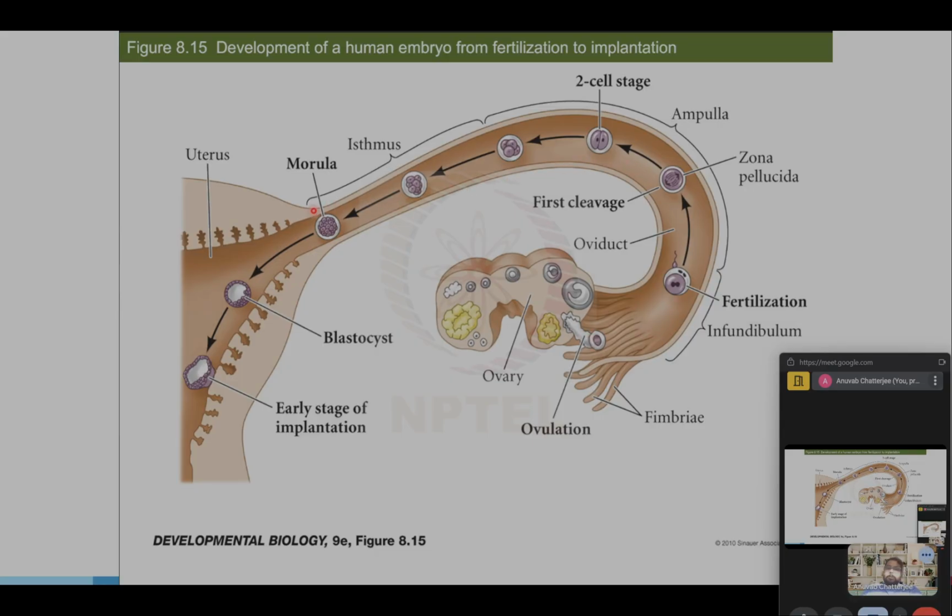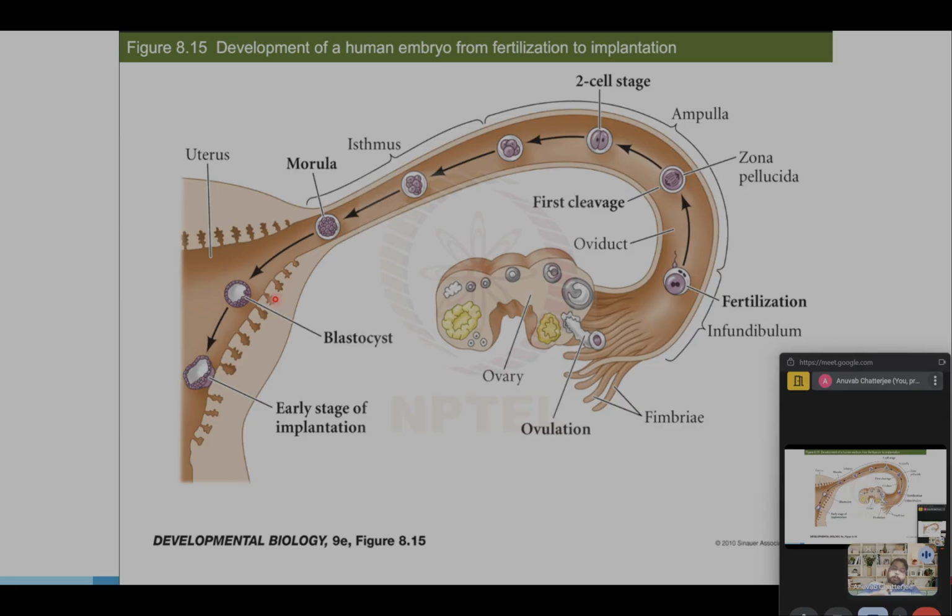These fallopian tubes go all the way to the uterus. Just as the oocyte is coming out of the ovary, it is fertilized by the sperm, and after fertilization, the zygote starts dividing like crazy. We have the two cell stage, morula, and by the time it has reached the uterus wall, it embeds in the uterine wall as in the blastocyst stage.